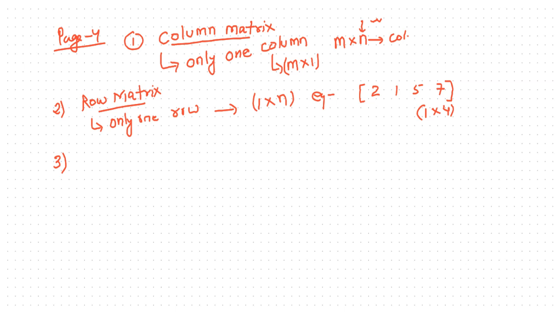Now moving to the third one. Third one is the square matrix. Here m becomes equal to n in the order.